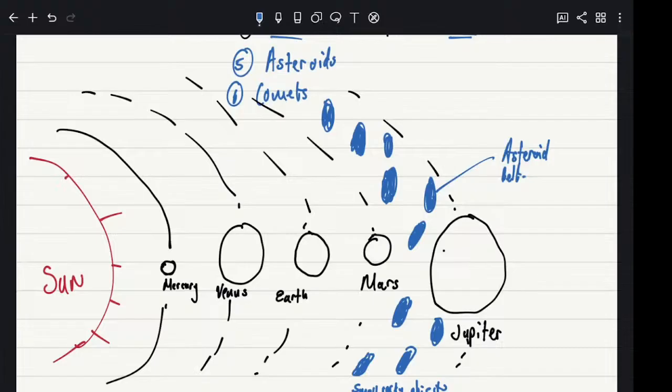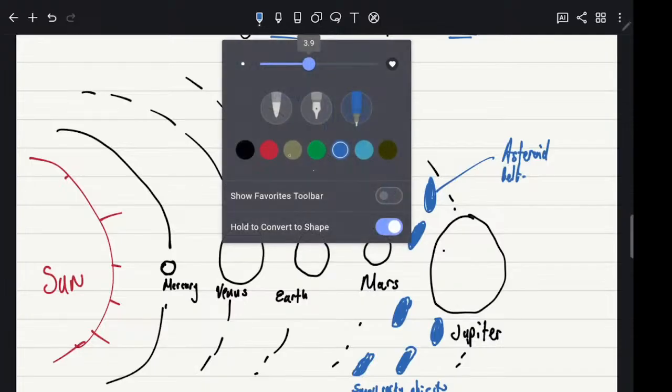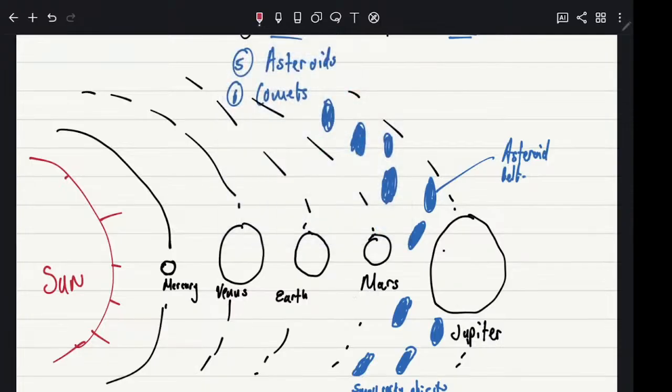So if you try to go there, you're going to meet them. And the reason is, Mars is the very last planet which is rocky. And so after Mars, between Mars and Jupiter, you're going to find some rocky objects there. But once you get to Jupiter, it is no longer a rocky planet.